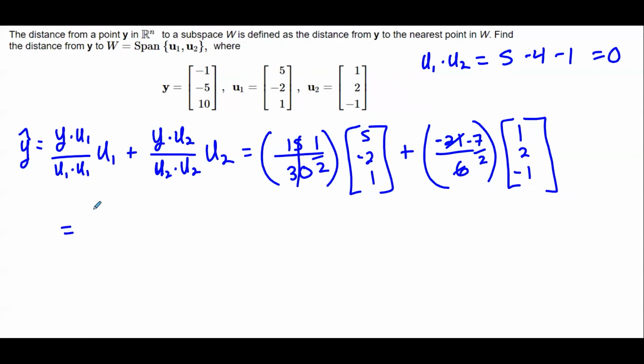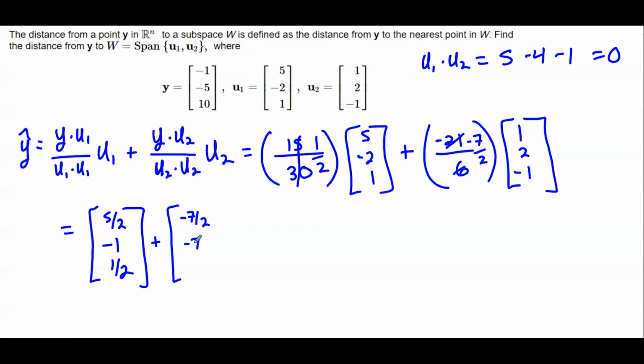So let's simplify. 5 halves, -1, 1/2, and -7 halves, -7, and +7 halves. Every fraction is over 2, so I don't have to change anything.